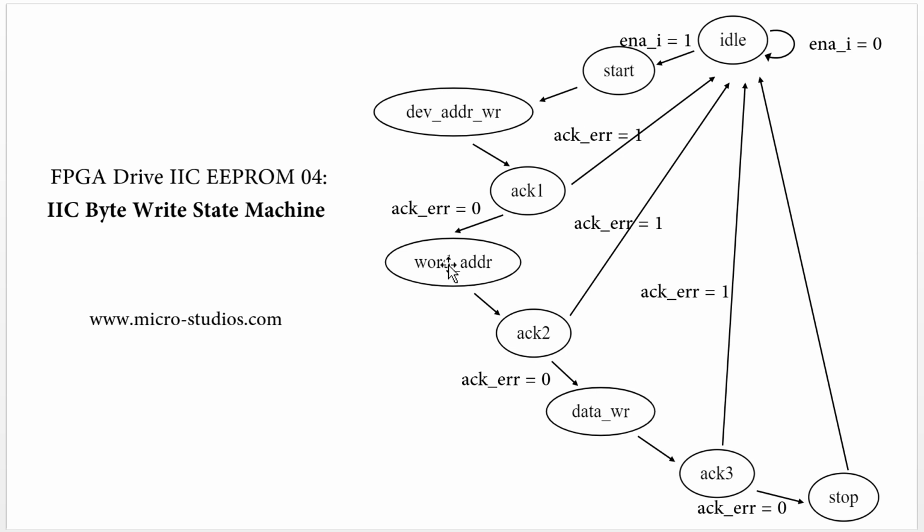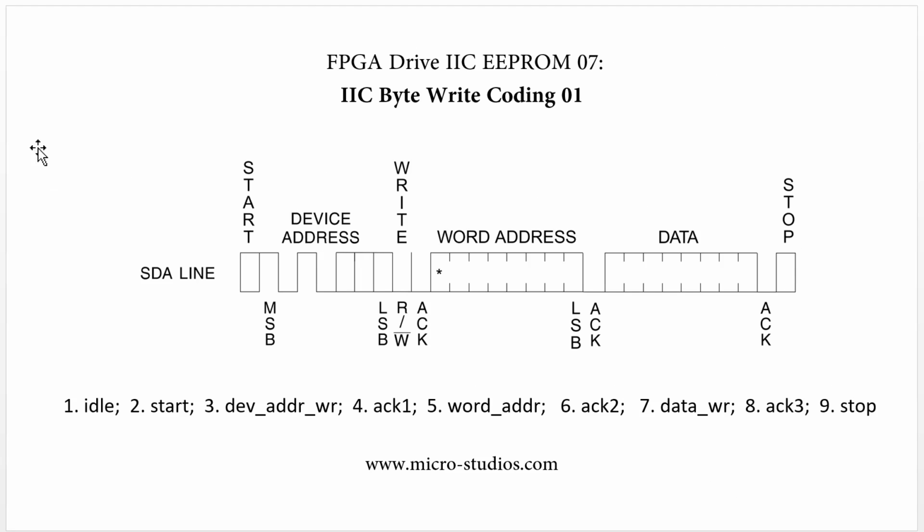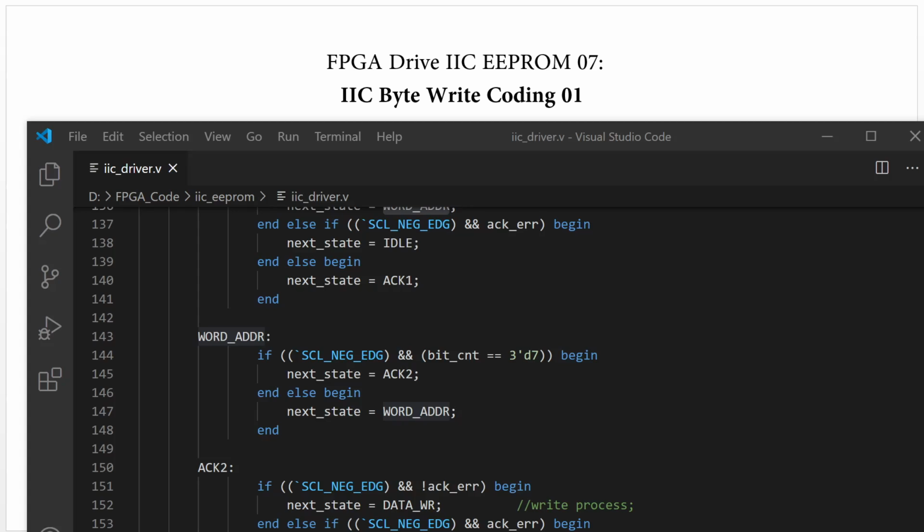For this state, we will output 8 bits: 1, 2, 3, 4, 5, 6, 7, 8. We output the 8-bit word address. We still use this bit count variable to check whether we output the 8 bits or not.